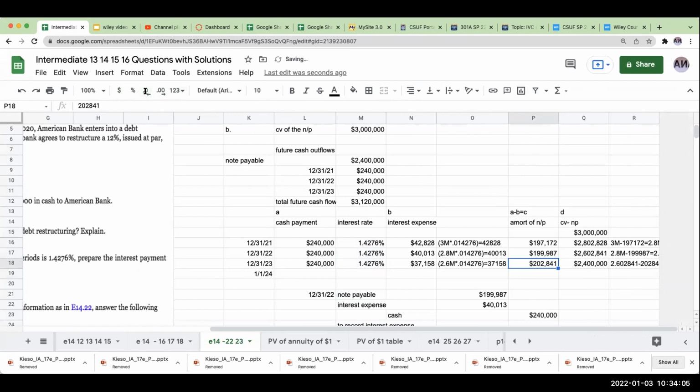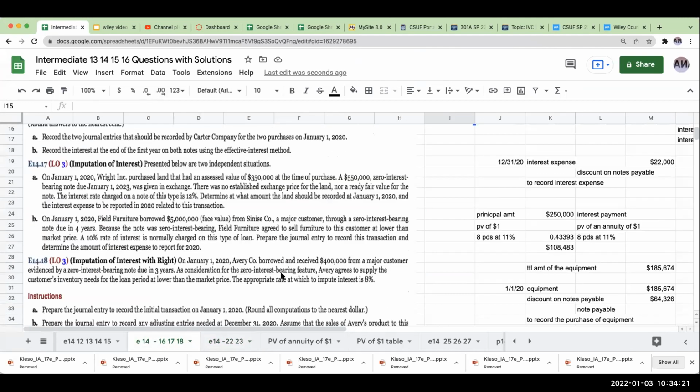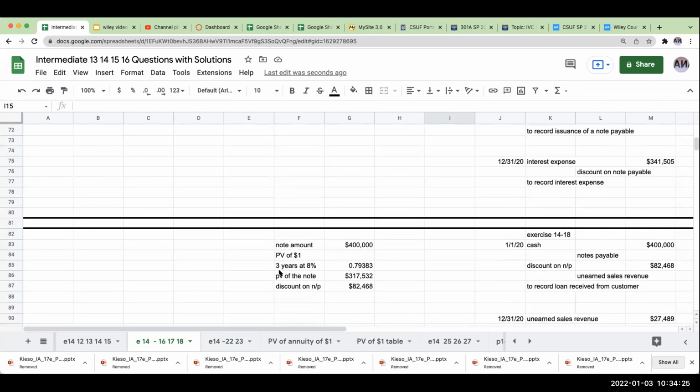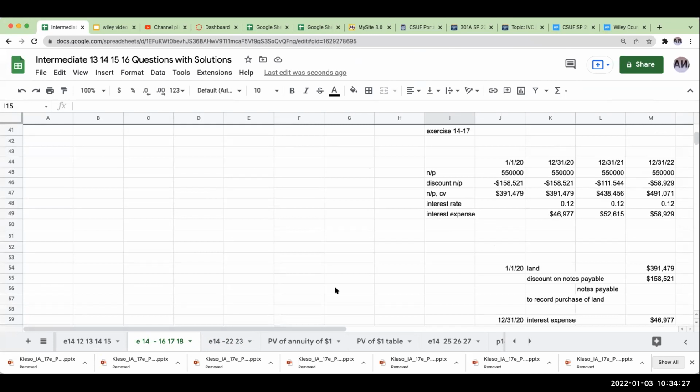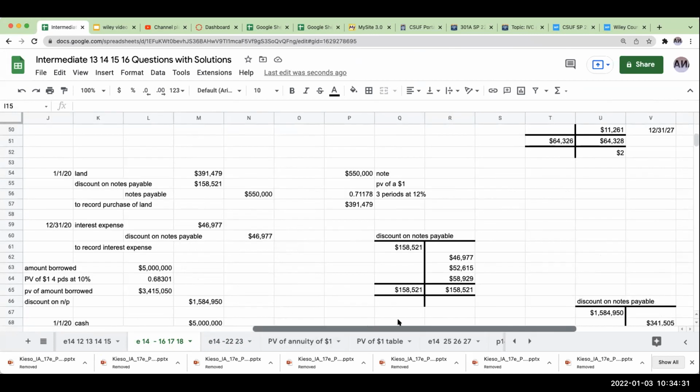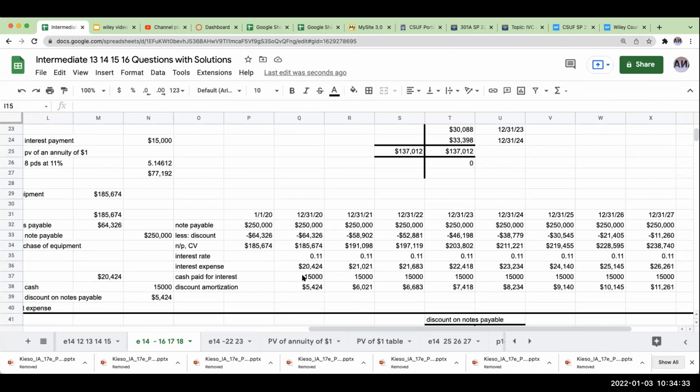One of the things you're going to notice, especially in chapter 14, as I've gone through and done these videos, is that I am always doing this amortization chart. Why? Because I want to make sure I got the answer right. And as you're looking at some of these questions, a great example would be a prior question where we're making an interest payment, right over here.